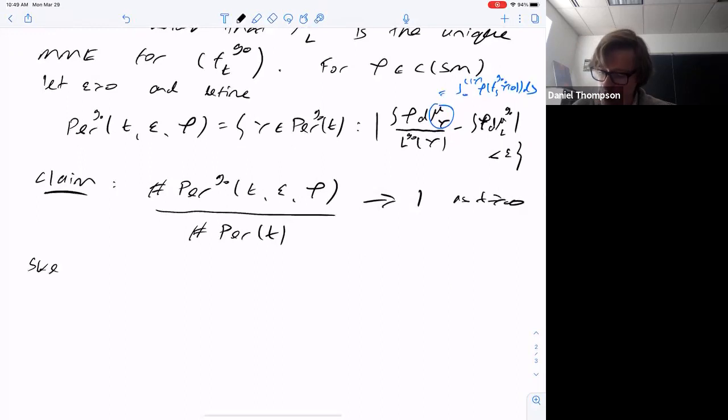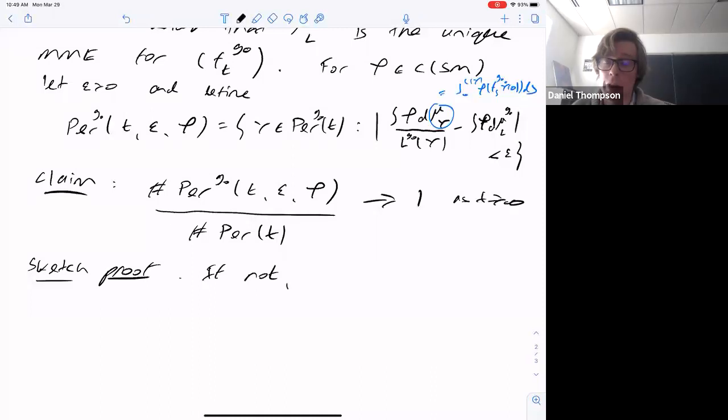I'm just going to do a sketch proof. This is going to be a short proof, but I've got a big machine in the background, which is pretty cool. It's another advertisement for some abstract thermodynamic formalism. I'll explain in a second.